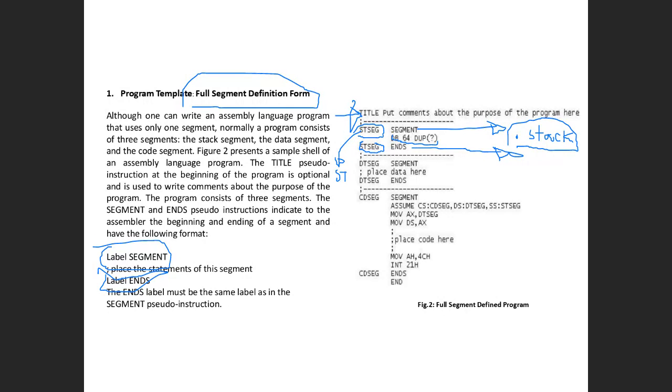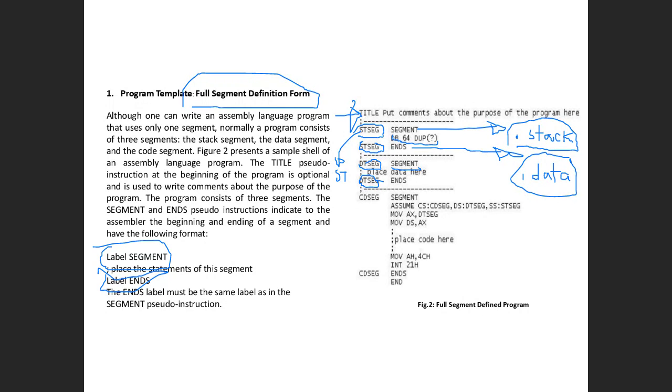Again, for the data segment, in the simplified model we write .DATA. But in the full segment definition format, we write a name, then SEGMENT, and in the middle we put our data information, and then we write the same name with ENDS.